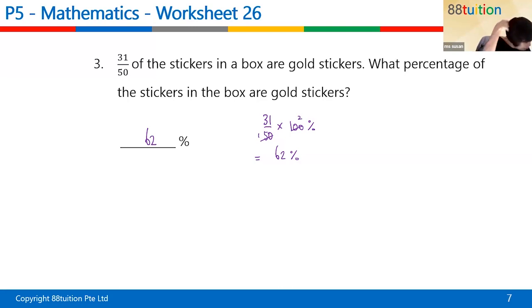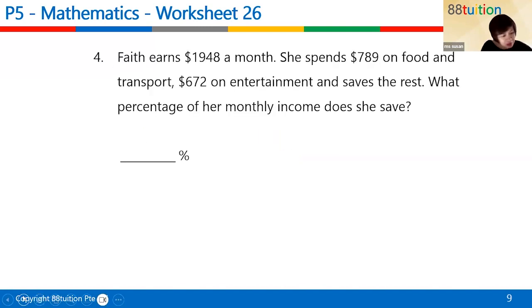Okay, next question. Let's take a look. Faith earns 1,948 a month, and she spends 789 on food, transport, entertainment, and then save the rest.